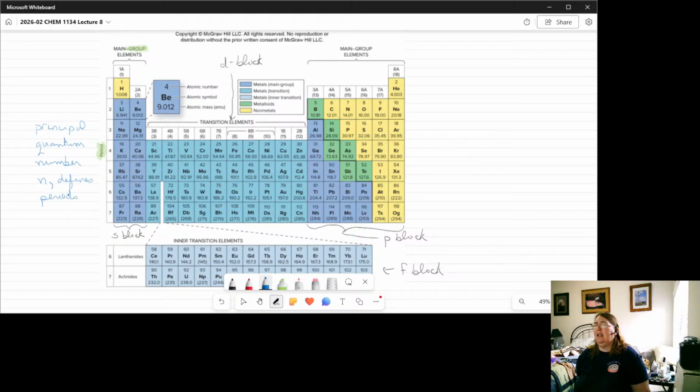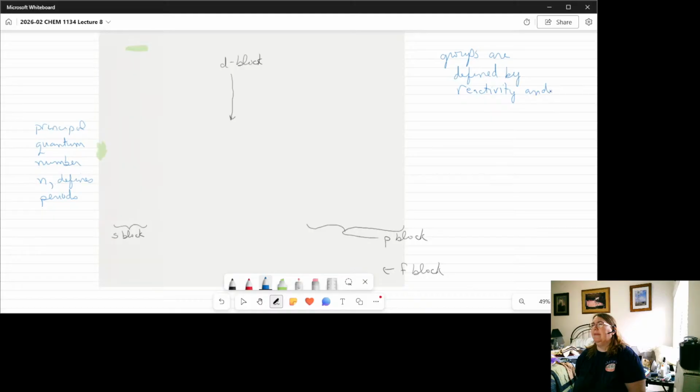We'll get into where that arises in chapter 3. Groups are defined by reactivity and properties.